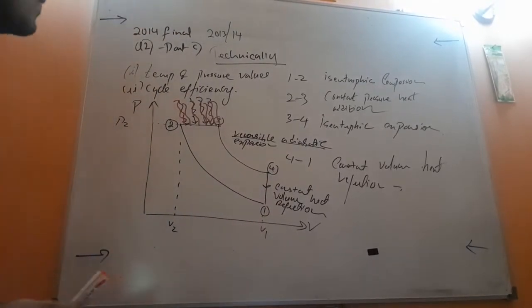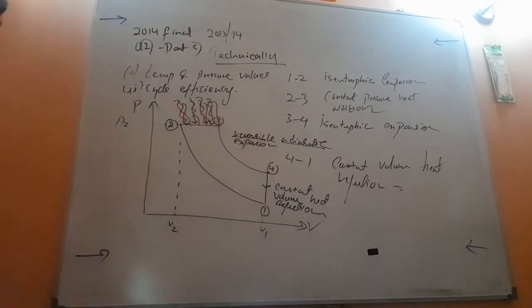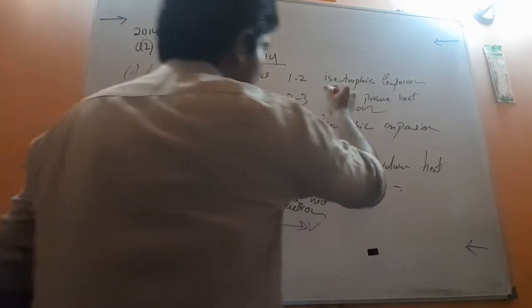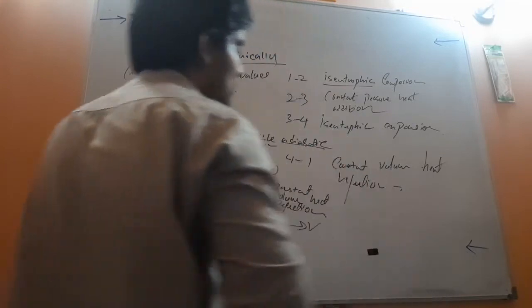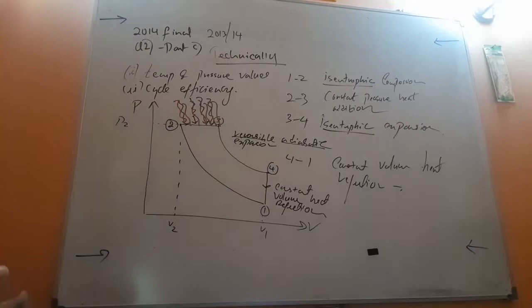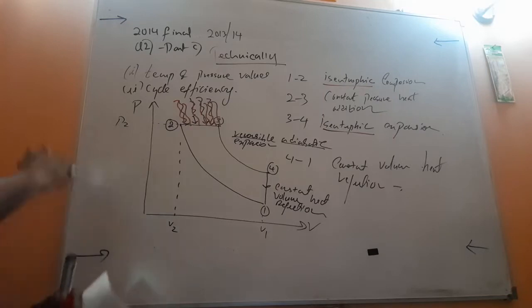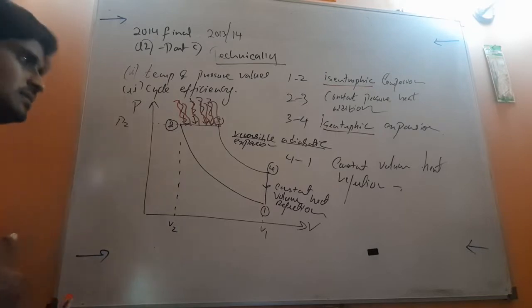Before solving the problem you need to have some idea about how this diesel cycle works. So from now on, don't waste your time understanding what is adiabatic and what is isentropic. Isentropic is reversible adiabatic. The definitions I will mention under the video. So now this is the cycle you need to solve the problem.